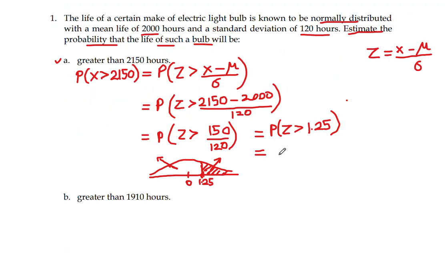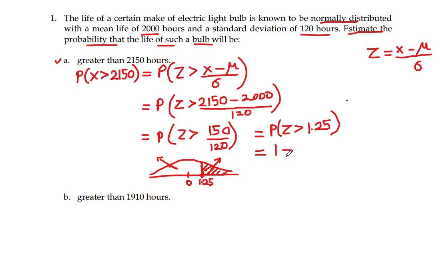Because that's not what we need, and because we know that the total probability under the entire curve sums to 1 always, then anytime you end up after standardizing with the probability that Z is greater than a positive value, the simple way to find that is to just take 1 minus whatever the reading is from the standard normal table for 1.25.